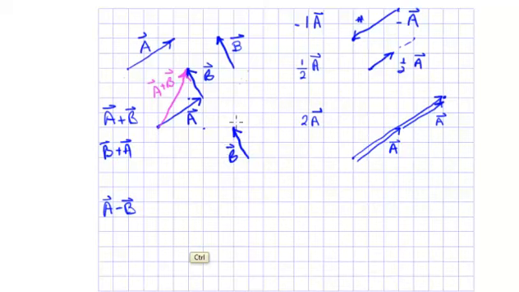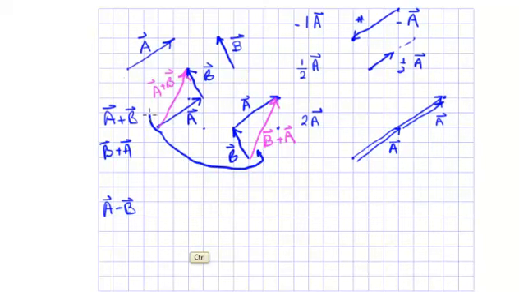And then I draw the a vector in, which is over 1, 2, 3, up 2. Okay, so there's a. And b plus a is this vector. These two vectors are the same.